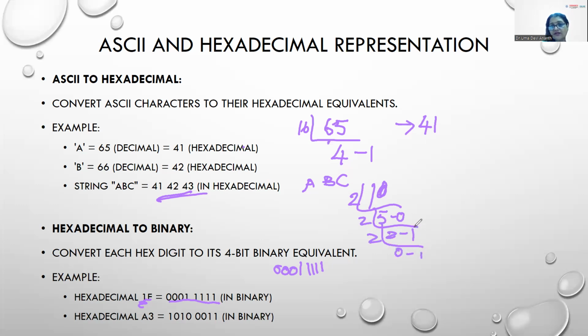So you get 1, 1, 0. That is what you get. So since we have to use a nibble, what we do is we write 0, 1, 1, 0.